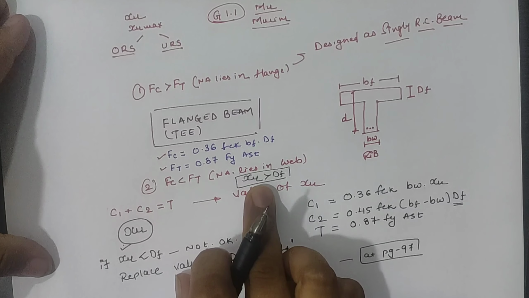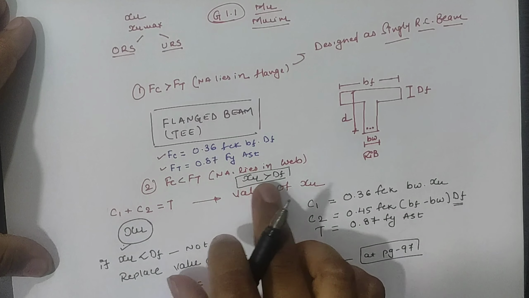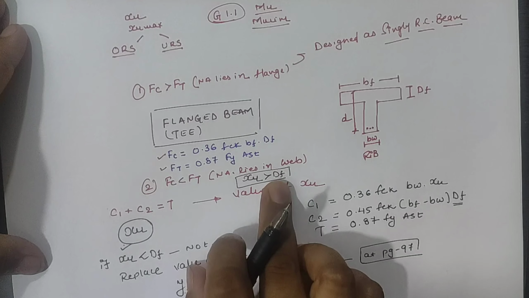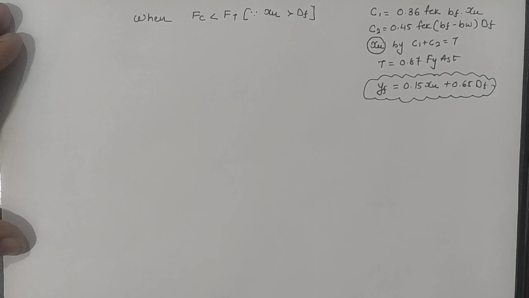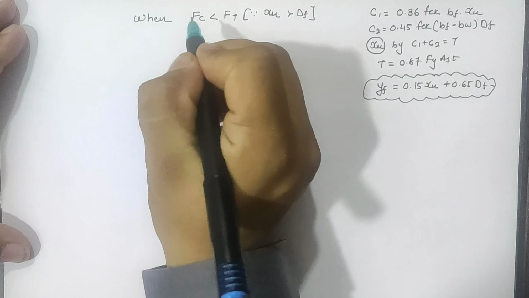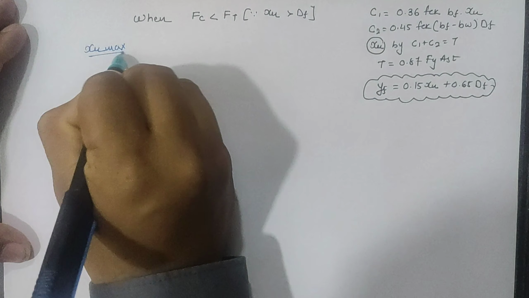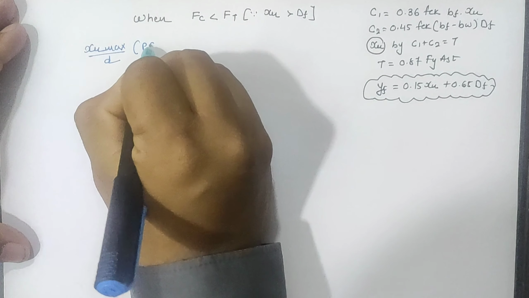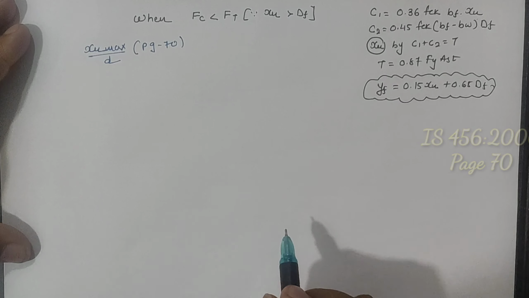Now, after the calculation of XU and the relation of XU and DF, we can calculate the moment of resistance in three different ways. After calculation of XU, we have to calculate XU max by the d value from page number 70 of Indian Standard 456-2000.